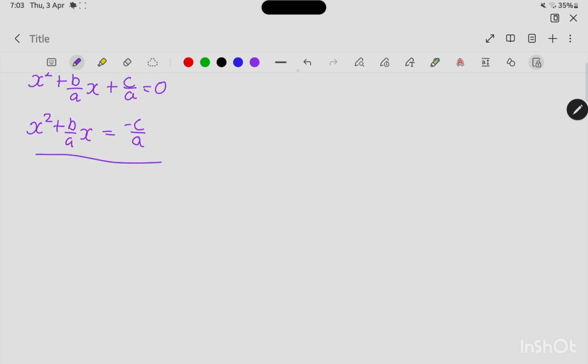Great, we got this. Now if you check, we have an x square, and this kind of looks like it is in the form of a plus b the whole square thing except for the fact that there is no third term. So let's go ahead and add the third term. Why not?